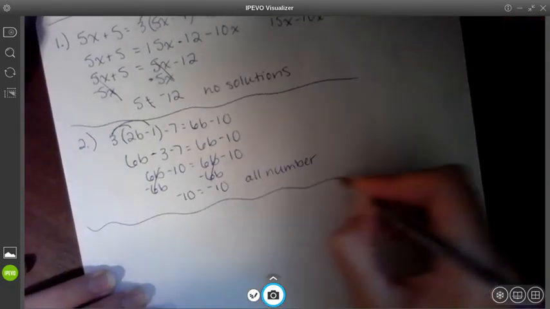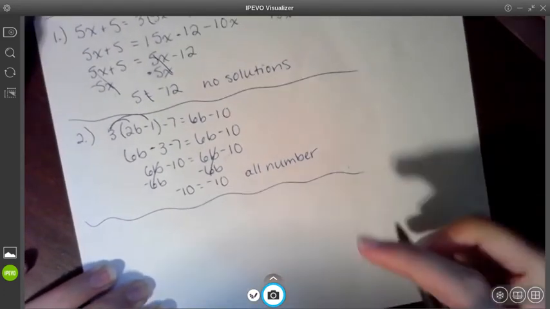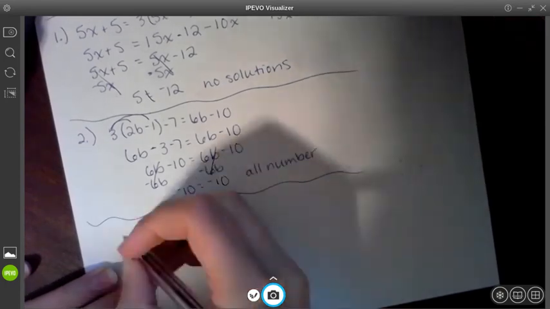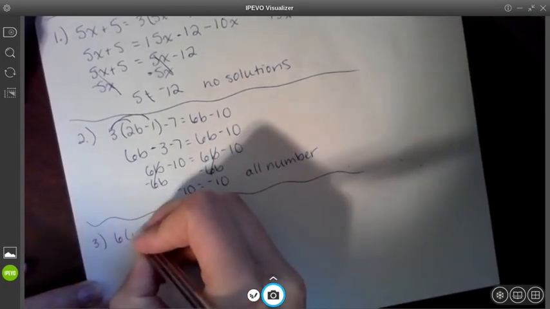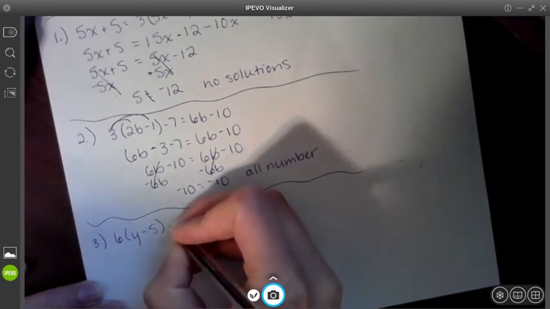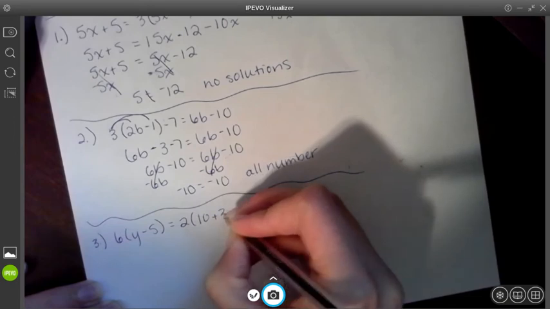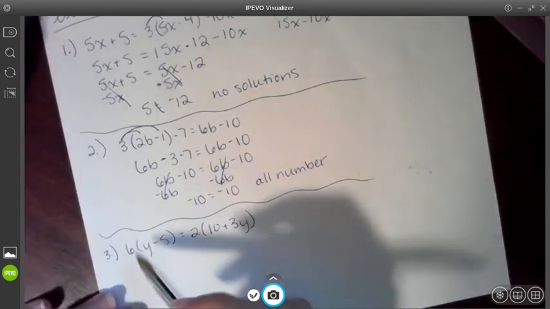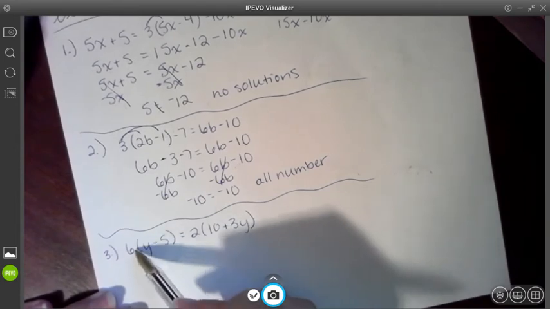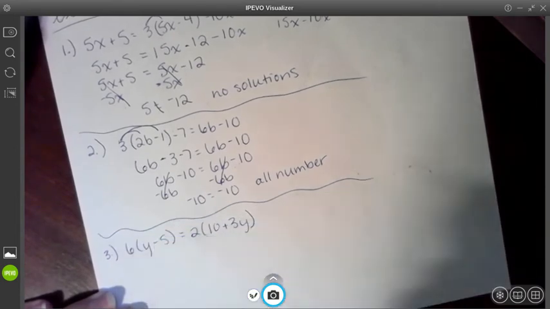Okay, let's do one more. Let's do 6 times (y minus 5) equals 2 times (10 plus 3y). Okay, again, you see a number up front being multiplied by a group with addition or subtraction.